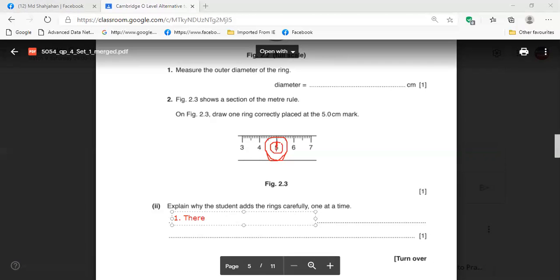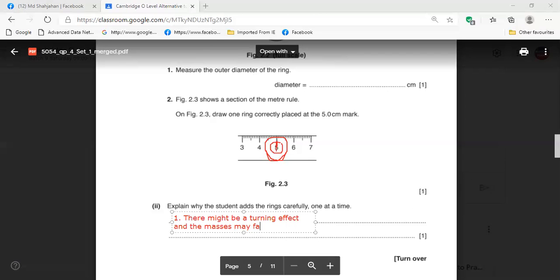I'm writing what you say. There might be a turning effect and the ruler might fall down or the masses might fall down. Yes, the masses may fall down, that can be written.